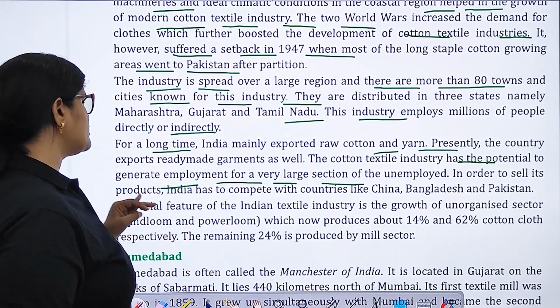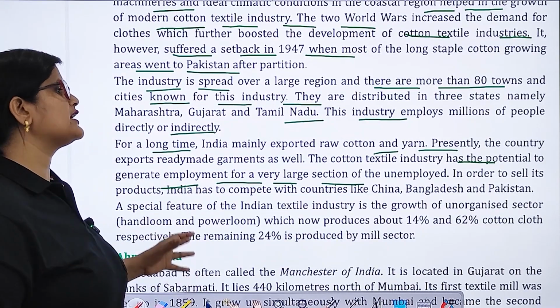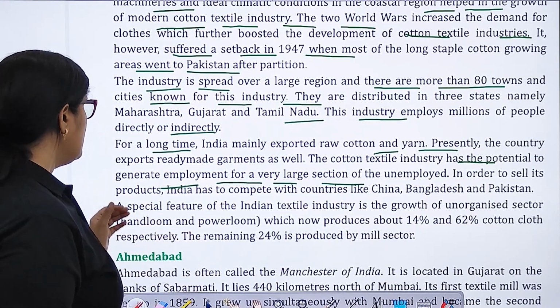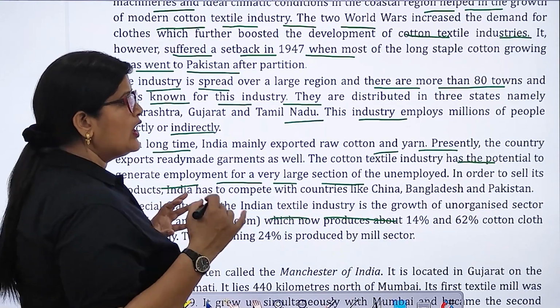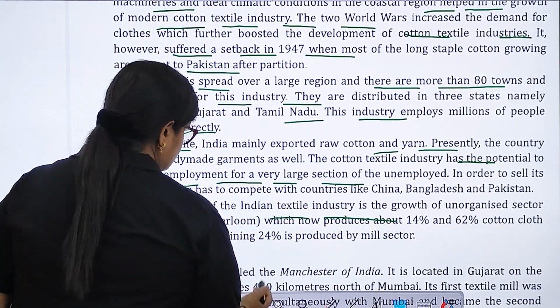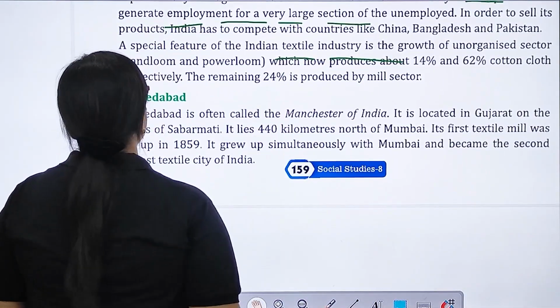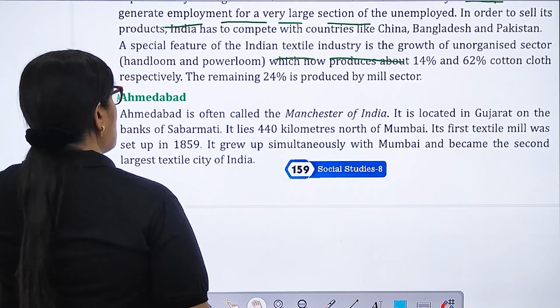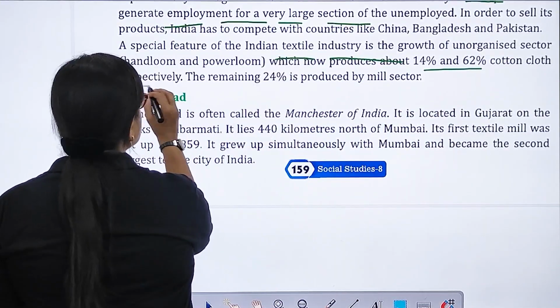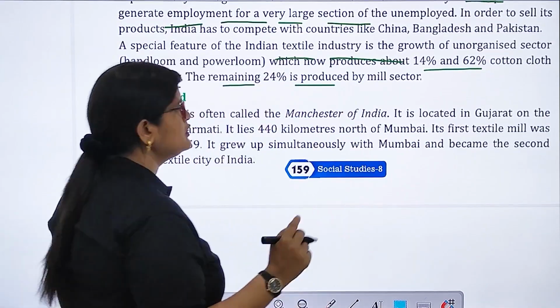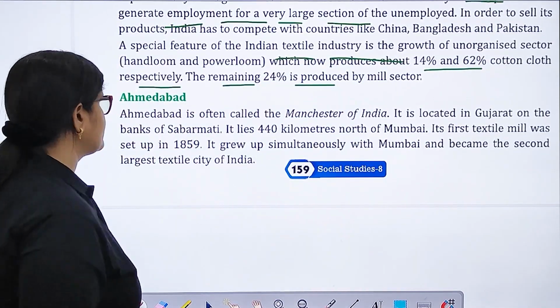In order to sell its products, India has to compete with countries like China, Bangladesh and Pakistan. A special feature of the Indian textile industry is the growth of the unorganized sector. Handloom and power loom produce about 14% and 62% of cotton cloth respectively, with the remaining 20% produced by the mill sector.